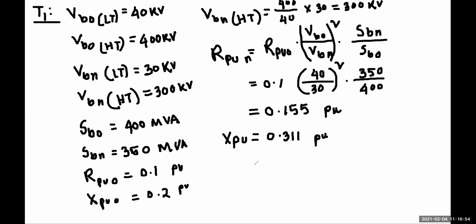So this is your X. So you know your transformer one. Next you have to go for the transmission line, right? TX line. What is the V base for the transmission line? Because there is no old, there is no new here. Got my point? Do you know why there is no old, no new needed?